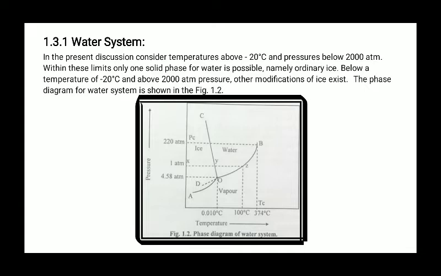Within these limits only one solid phase for water is possible, namely ordinary ice. Below a temperature of -20 degrees C and above 2000 atmosphere pressure, other modifications of ice coexist. The phase diagram for the water system is shown in the figure.